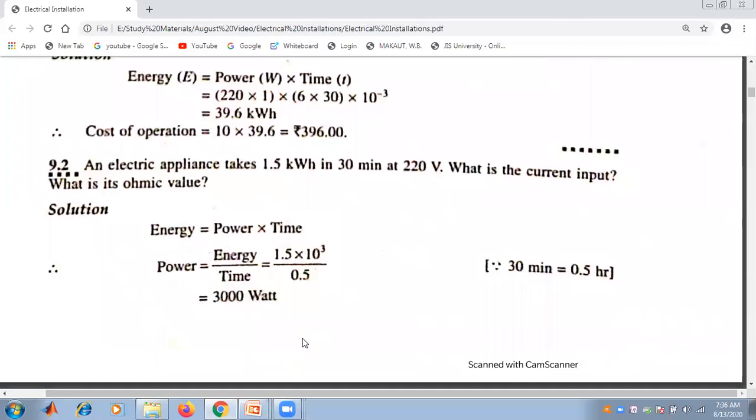Another problem: an electrical appliance takes 1.5 kilowatt hour in 30 minutes at 220 volt. What is the current input and what is the ohmic value?